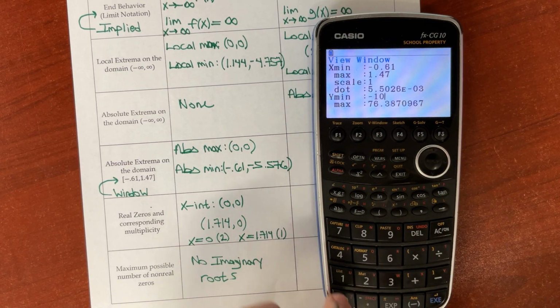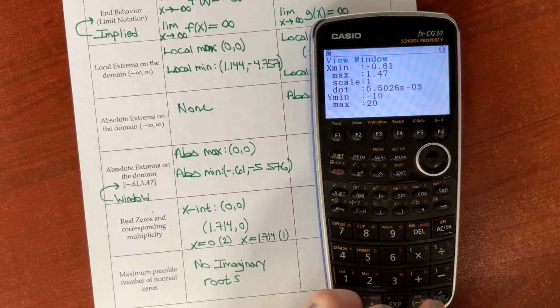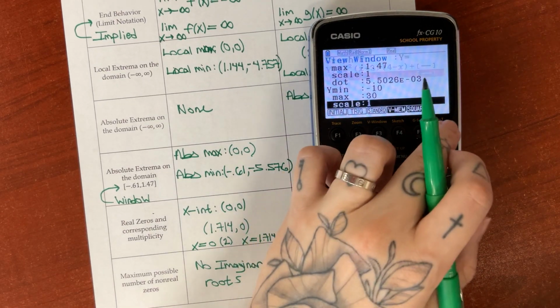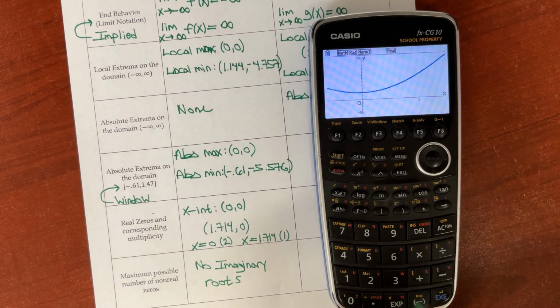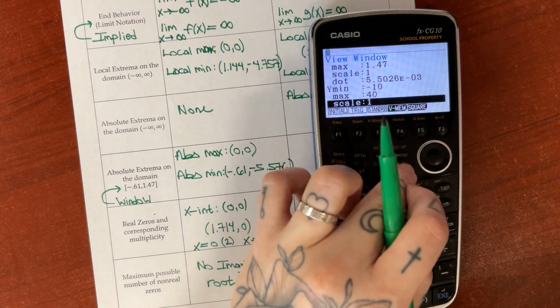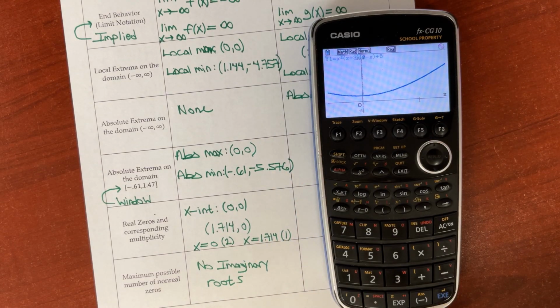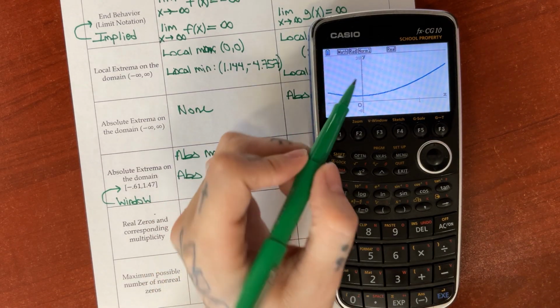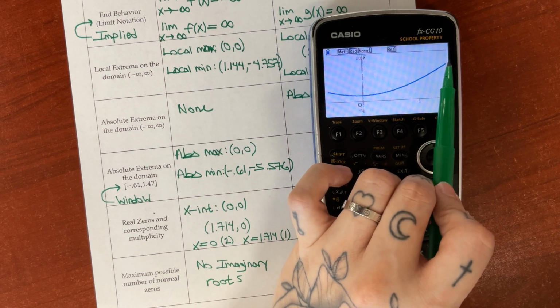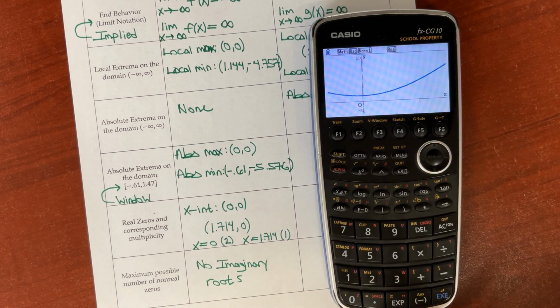So let's do negative 10 to, let's try 20. Actually, no, let's do 30. Yeah, still cutting it kind of close. So let's change it to 40. There we go. All right, so I can see the absolute minimum is going to be over here, and I can see my absolute maximum on this interval is going to be on the endpoint on the right side.